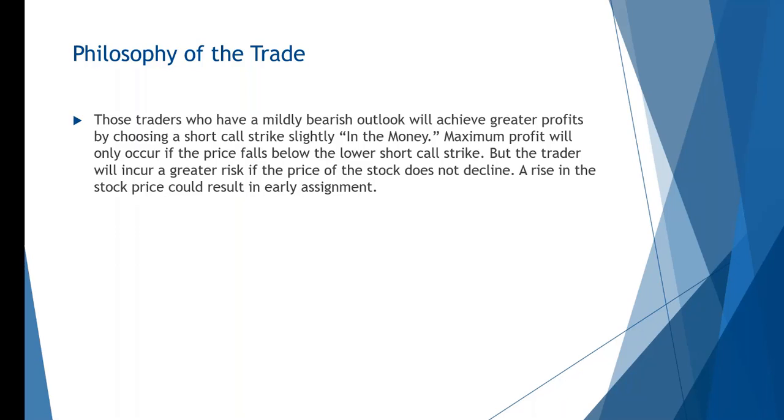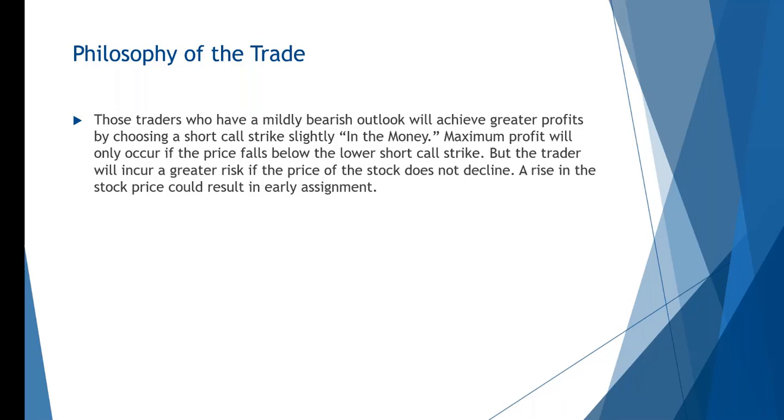So here's the philosophy of the trade: those traders who have a more bearish or mildly bearish outlook will achieve much greater profits if they take a short call strike that is slightly in the money. In other words, the strike price is going to actually be below the current price value.